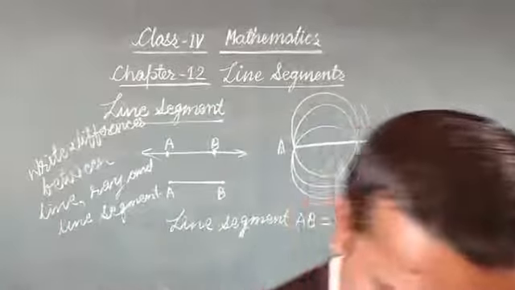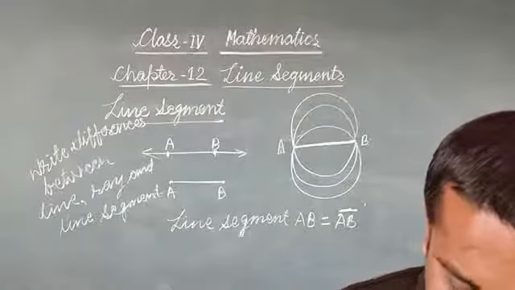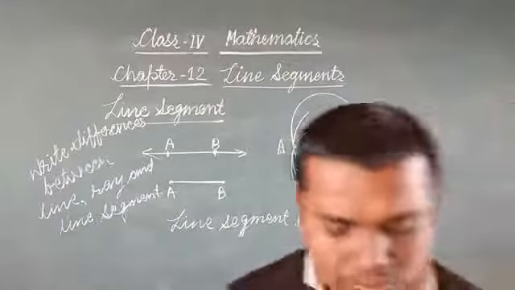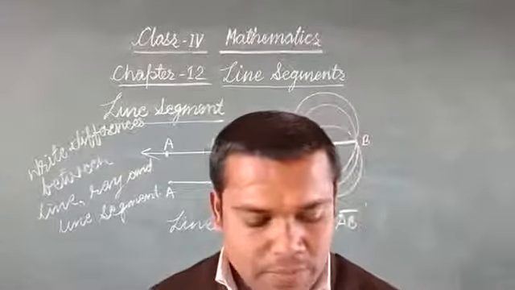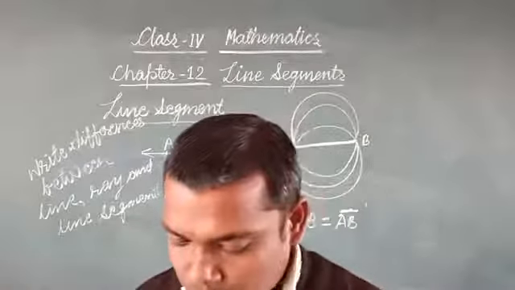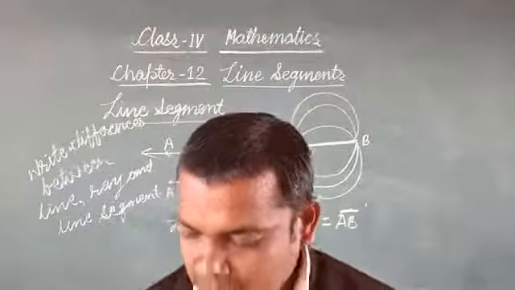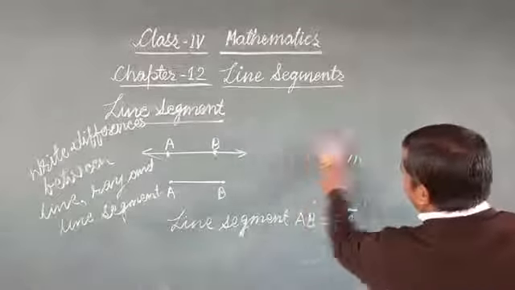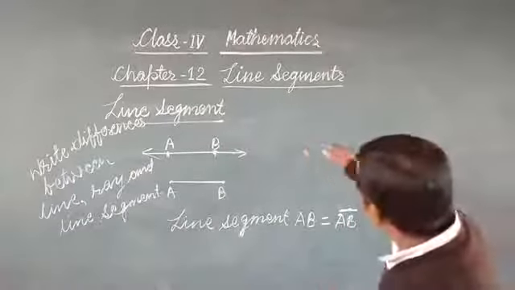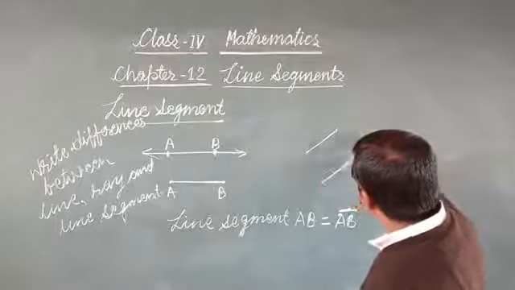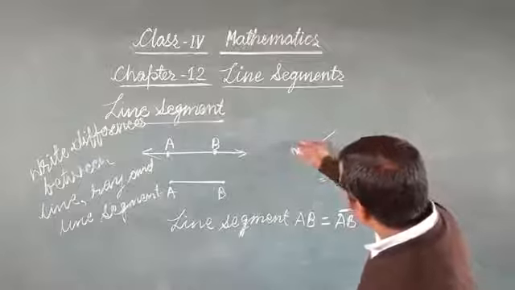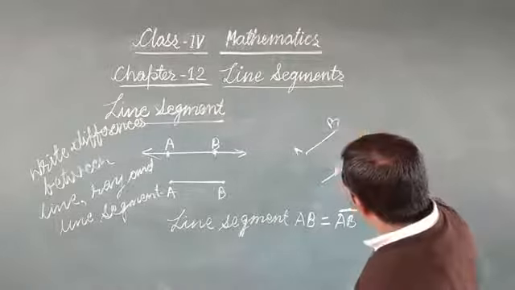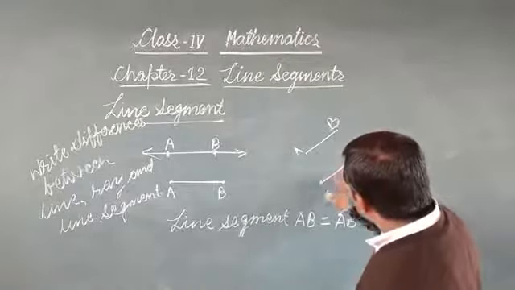Now next topic is comparing line segments. So as you know, if 2 line segments are given, look here. One is this one, another is this one. It is AB and this one is CD.